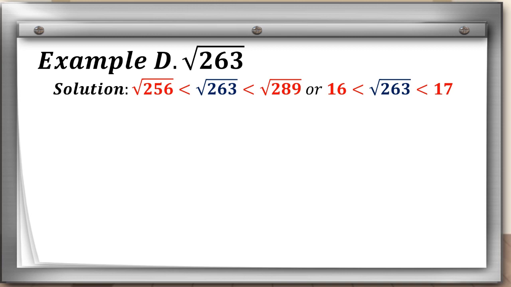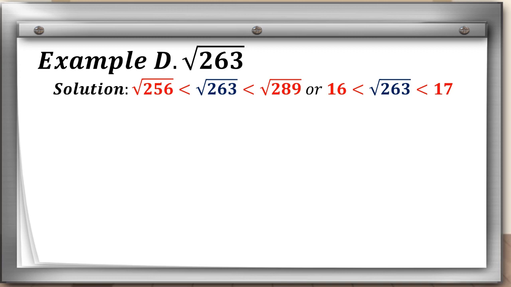Kung mapapansin ninyo, nasa gitna ng square root of 256 at square root of 289 ang square root of 263. Therefore, extracting the square roots, ang square root of 263 ay nasa gitna ng 16 at 17.